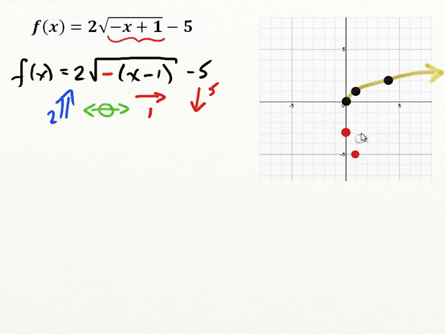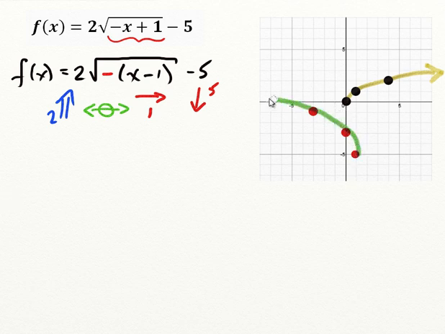So I'll go up 1, 2, 3, 4, and now which way do I go on the horizontal? Well, because of the mirroring, the reflection, I'm going to go to the left, and there's no stretch or compression, so I'm just going to take the regular old step that I would, which would be 4. So 1, 2, 3, 4. And I'm going to put a dot right there. Okay, so there is the new function sketched.